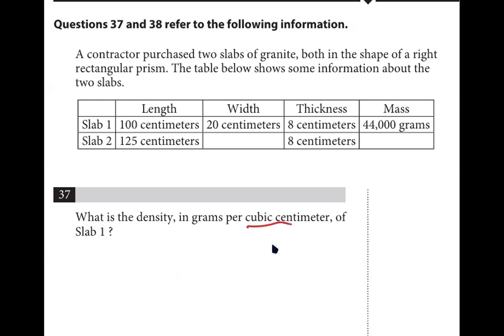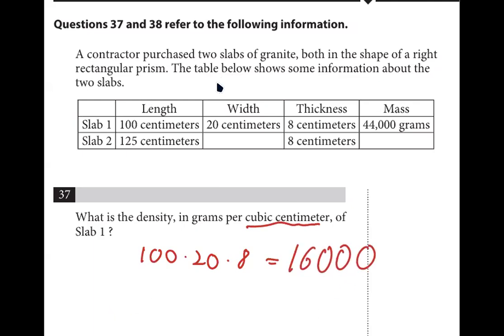So cubic centimeter means volume. So I have to multiply length times width times thickness. So that would be 100 times 20 times 8, which is 1600.